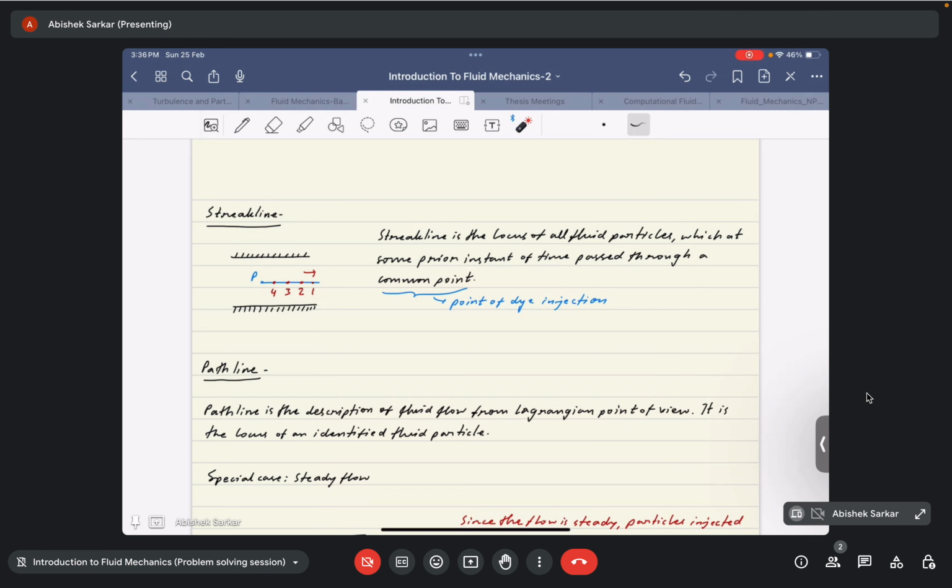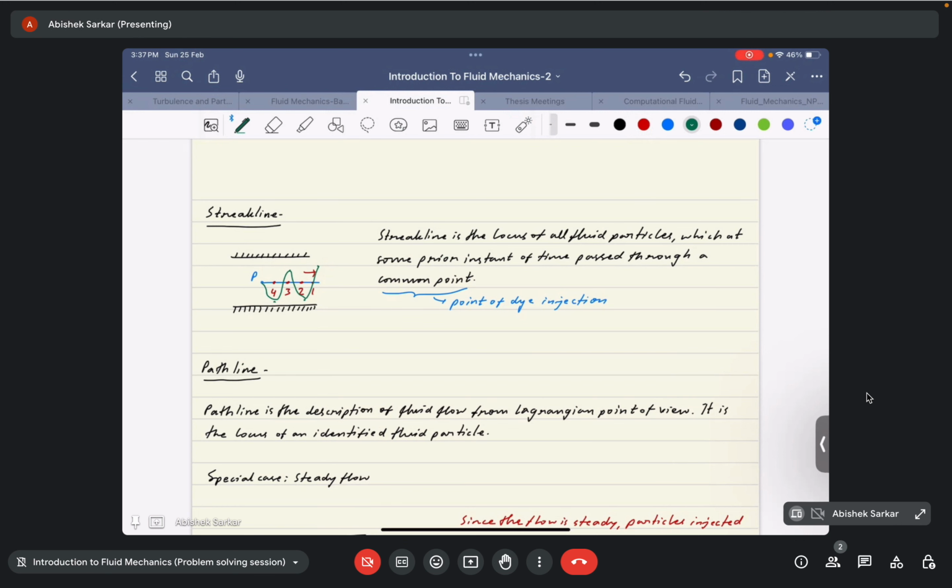It may also happen that particle 1 may be here, particle 2 here, particle 3 here, and particle 4 here. And if that's the scenario, then our streak line would be of this manner.